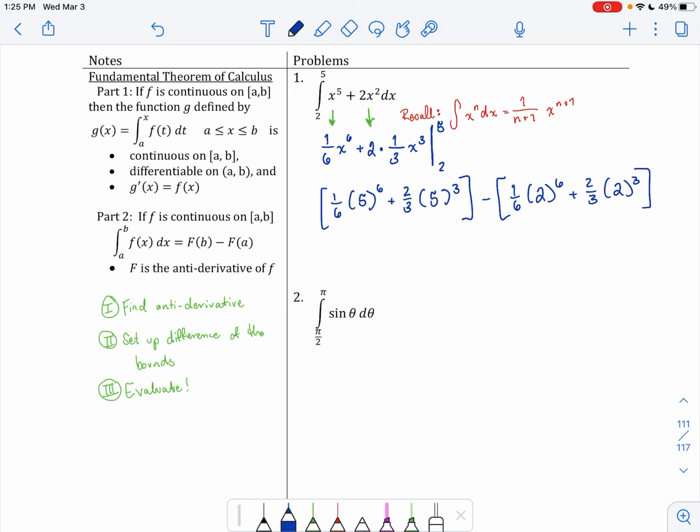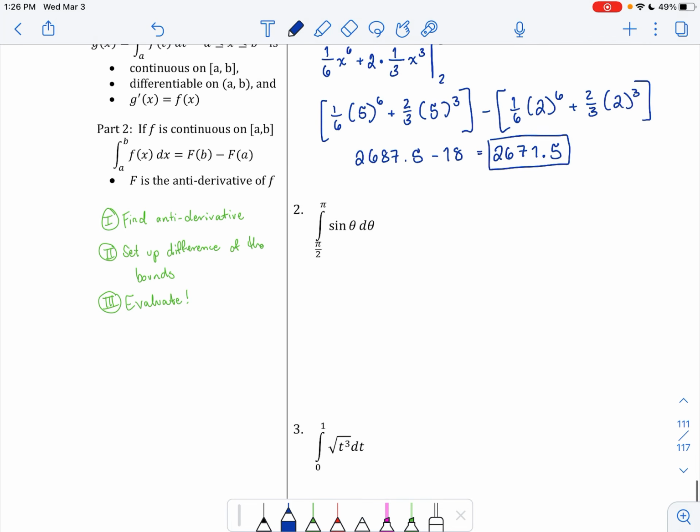And from there, all we're doing is evaluating. So the area under the function x to the fifth plus 2x squared from the bounds of 2 to 5 is, if we plug this in, 2,687.5 minus 18. So the total area under that curve is 2,671.5.